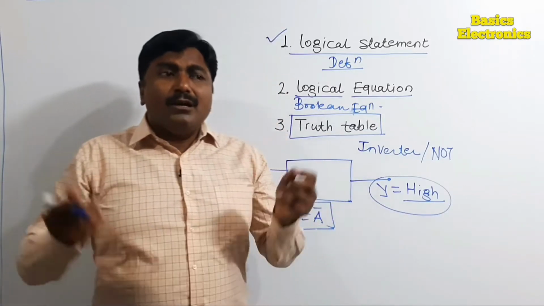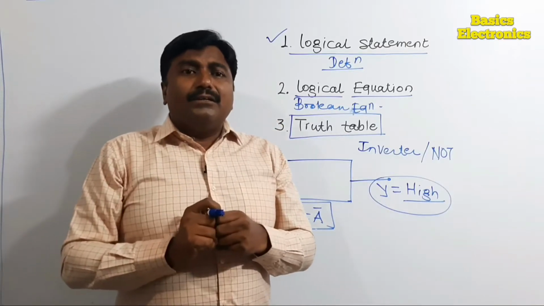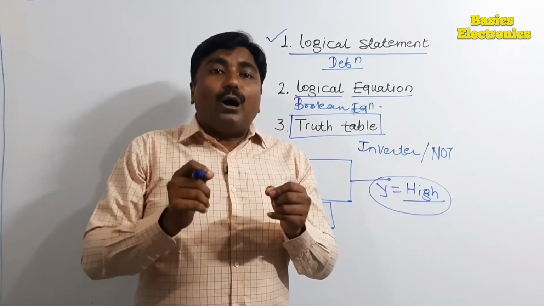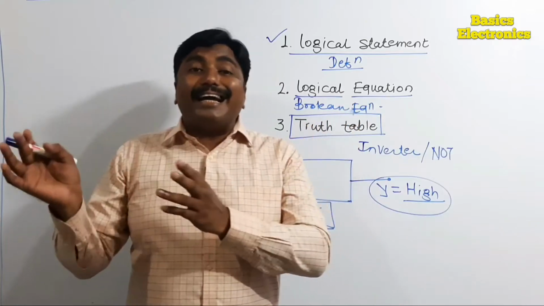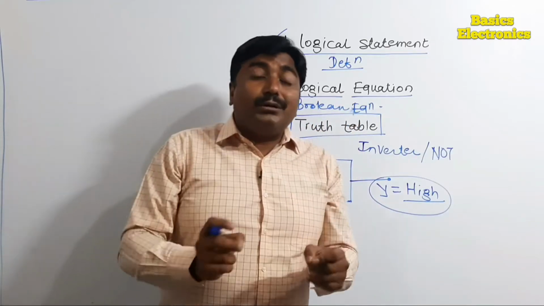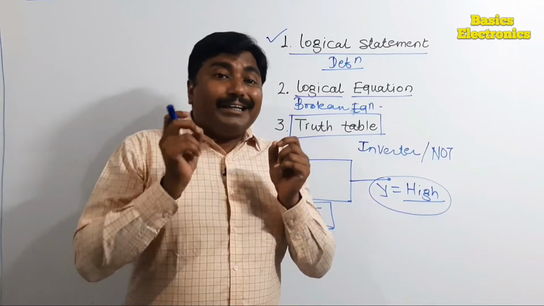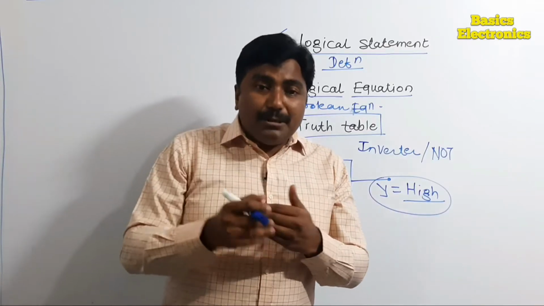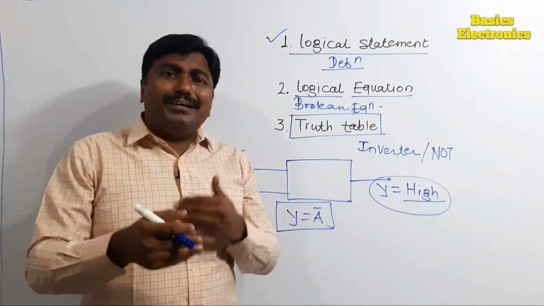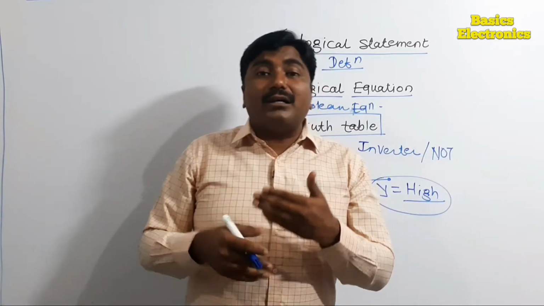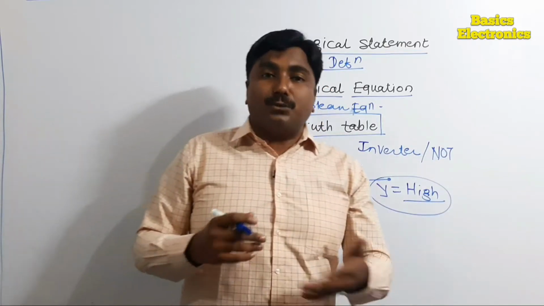A truth table is a table of the output and input. The truth table is the table in which all possible conditions of the input and their corresponding outputs are shown.